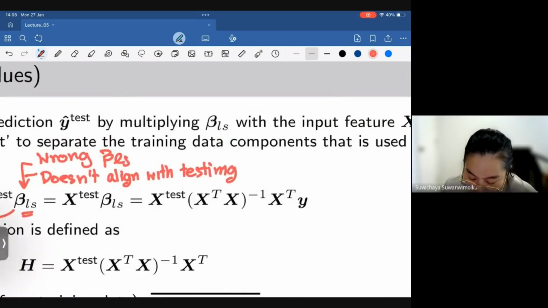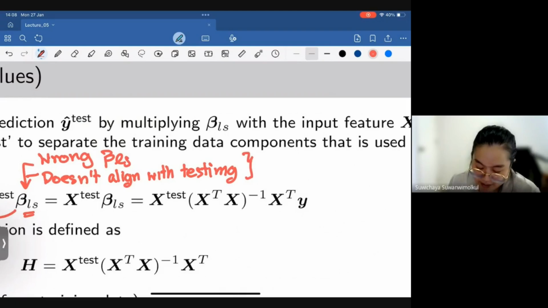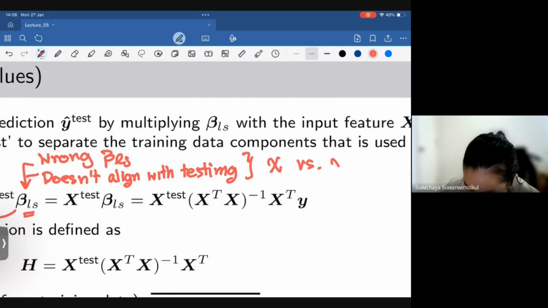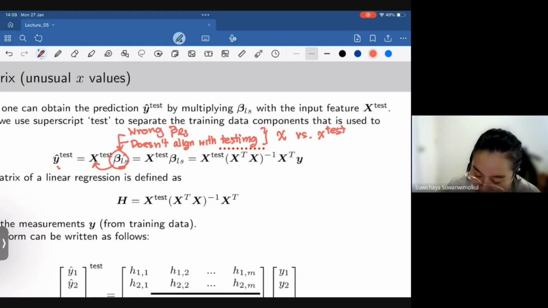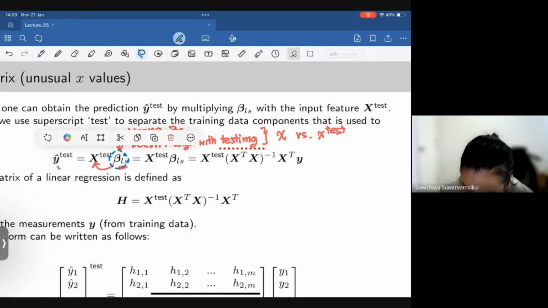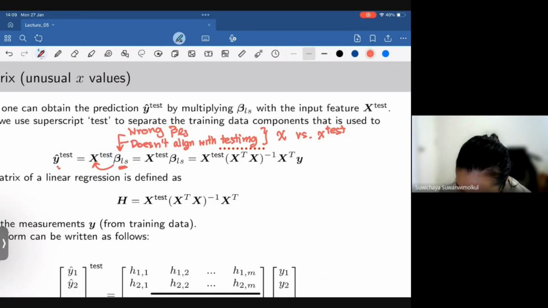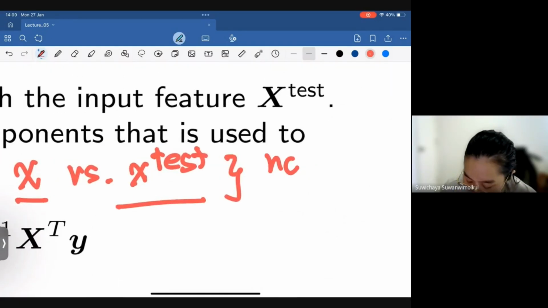In these two cases, it actually means one simple thing. If you have a bad quality beta, that could mean that the X that was in training and the X that is in testing are not representing one another.